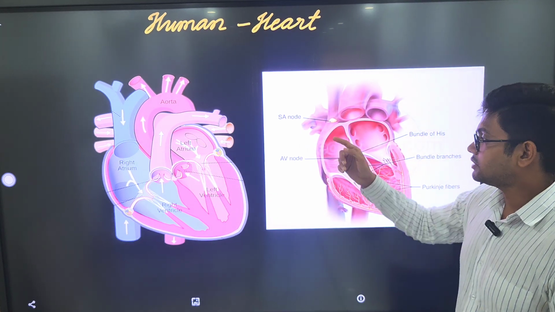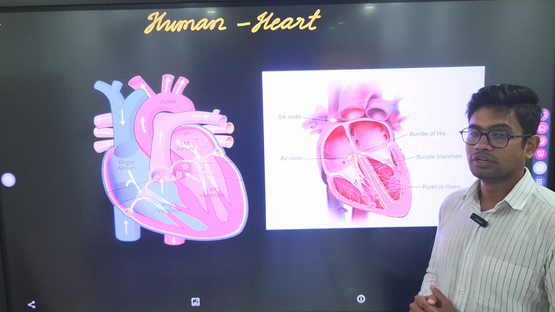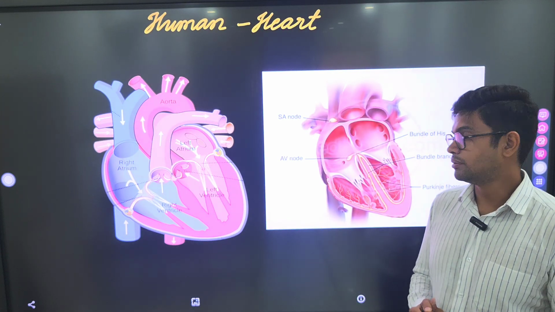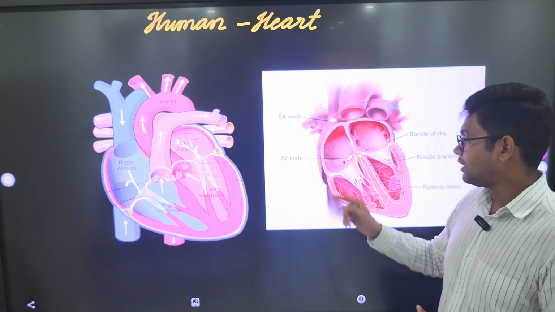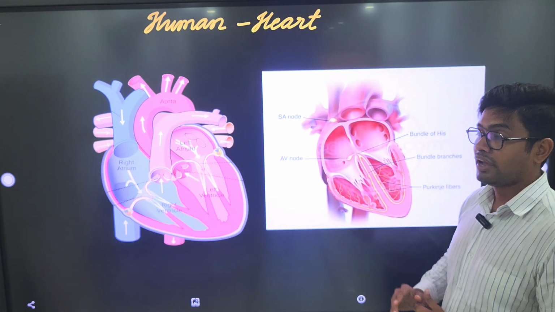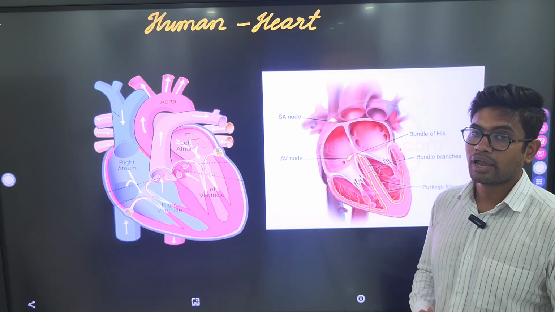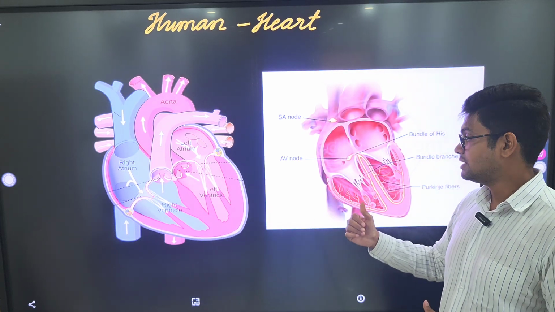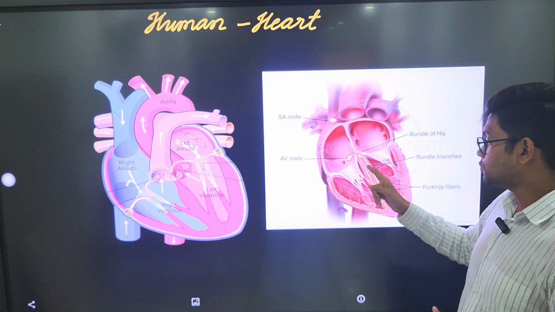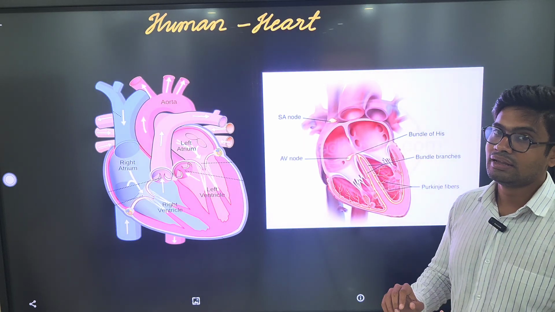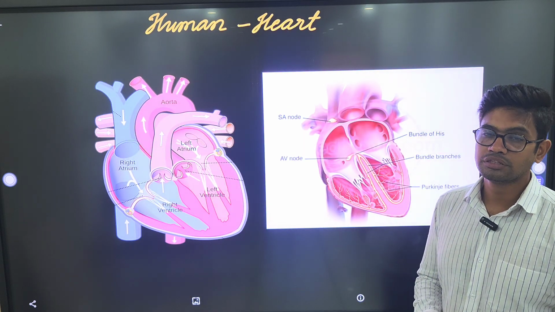Another such patch is found in the lower left corner of the right atrium, and it is called the AV node, atrioventricular node. The AV node has been named atrioventricular node because it is located on the atrioventricular septum on the right side of the heart. It passes through the interventricular septum and immediately divides into branches.